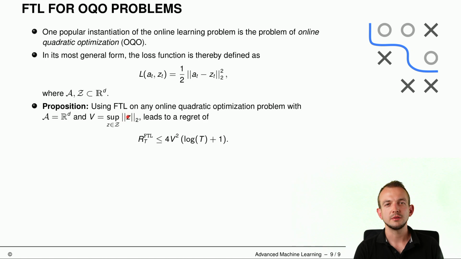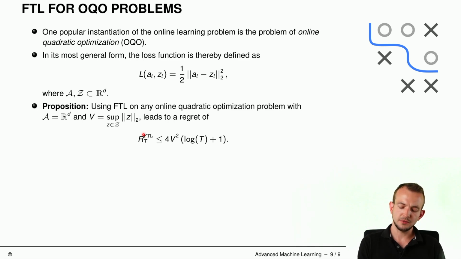Additionally, the environmental data points all live inside a ball of radius V. So this tells us that for the largest environmental data point z, its Euclidean length is at most V.